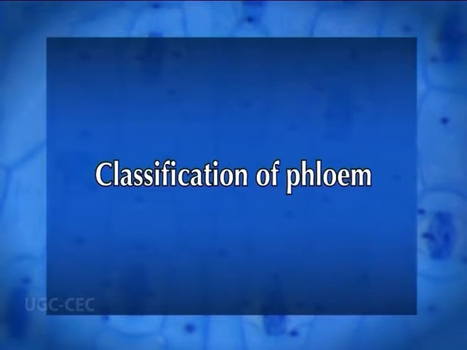Classification of phloem. As a rule, the phloem is associated with the xylem in the vascular system, and like the xylem may be classified as primary or secondary on the basis of time of its appearance in relation to the development of the plant or organ as a whole.